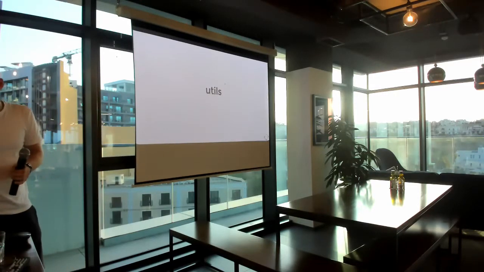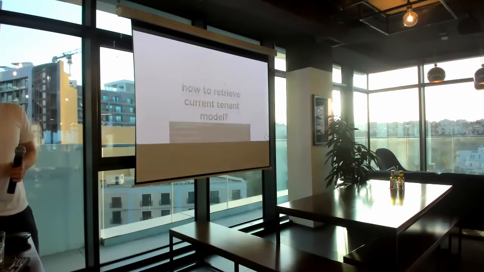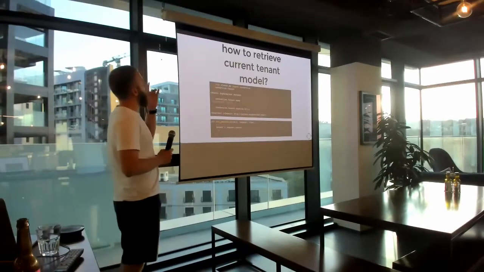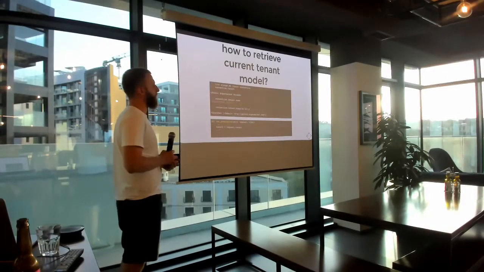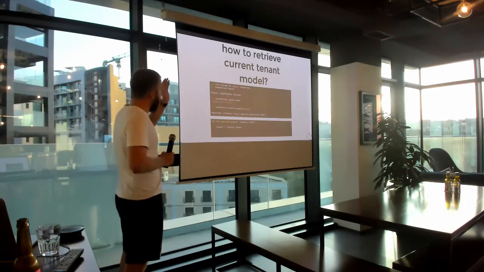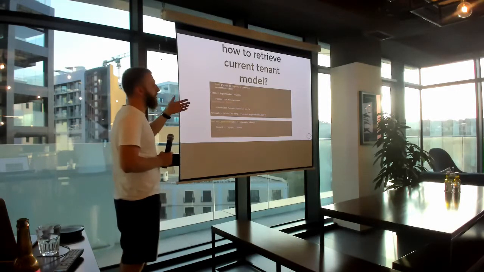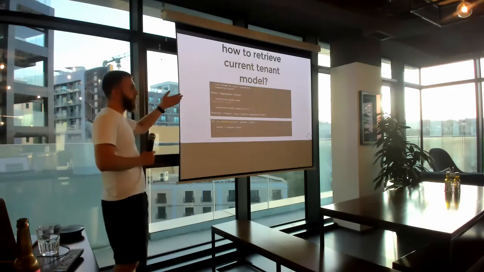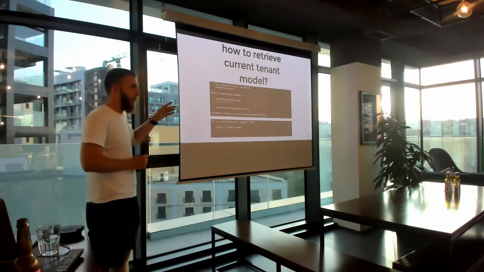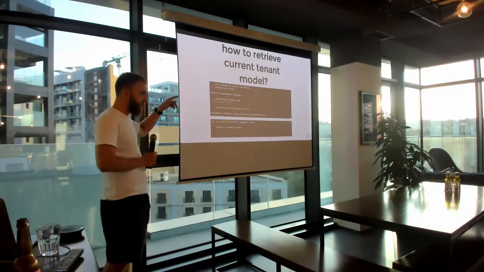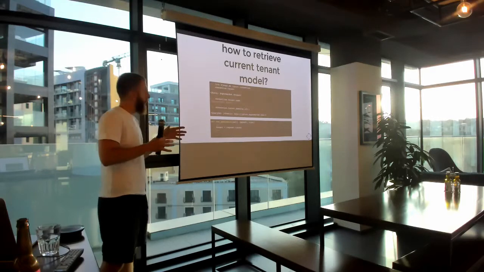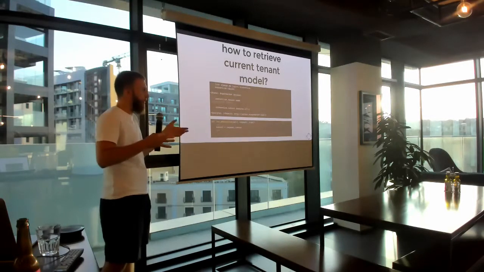Okay. So what additional uses does Django tenants provide? How to retrieve the current tenant model? That's as simple as that. Django tenants makes sure that the tenant is available from the connection, and that's the whole tenant model instance.